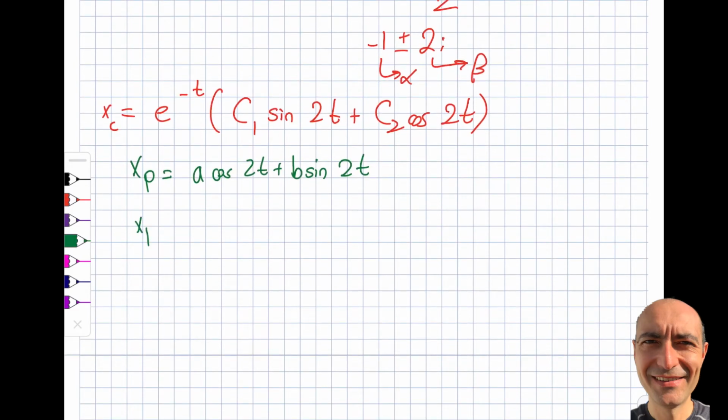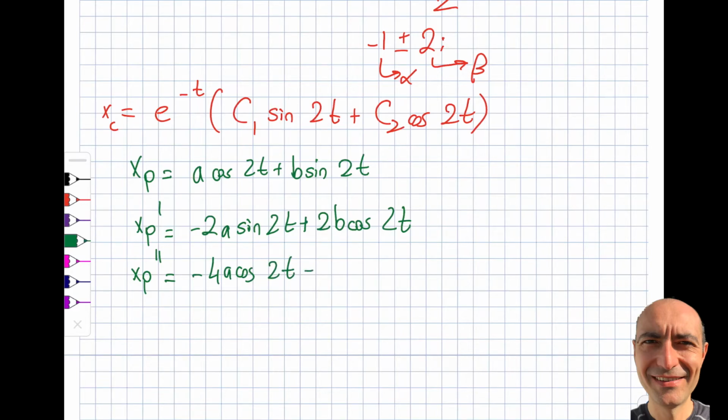So we'll do xp prime, because I'm going to need that: minus 2a sine of 2t plus 2b cosine of 2t. I'll do one more derivative, because I need this. So I'm going to have minus 4a cosine, and this time around, this will be minus 4b sine of 2t.